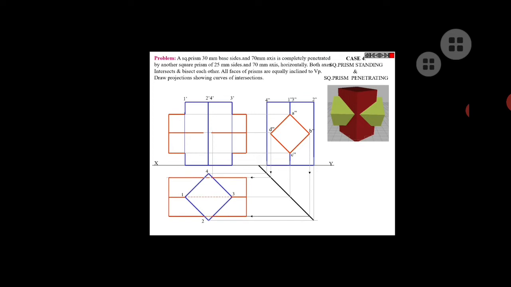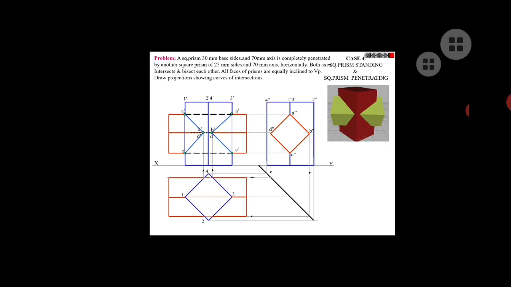Whenever it intersects on points, the left side is given as P, the right side as Q. Name them P1, P2, P3, and similarly on both sides mark the points and join these points 1, 2, 3. In this way, this is shown by a dotted line.